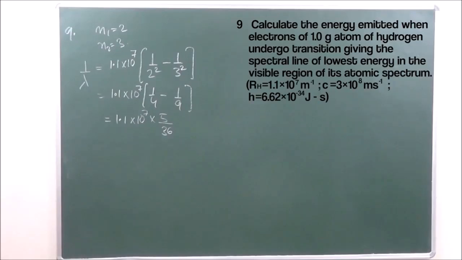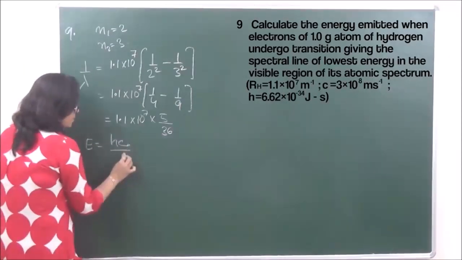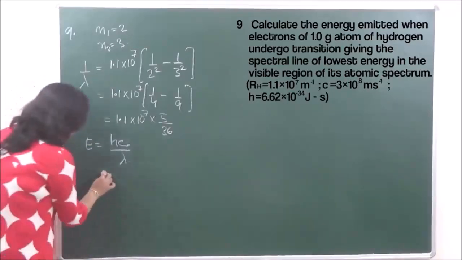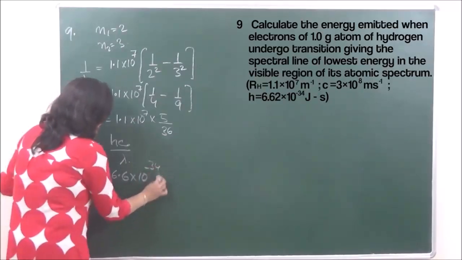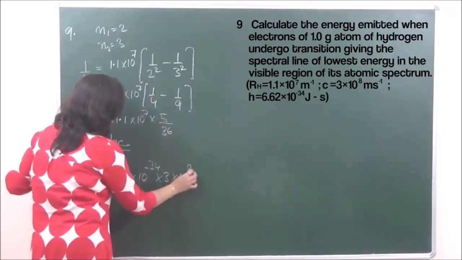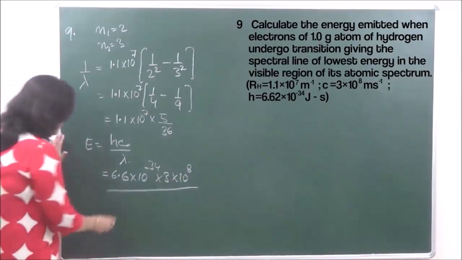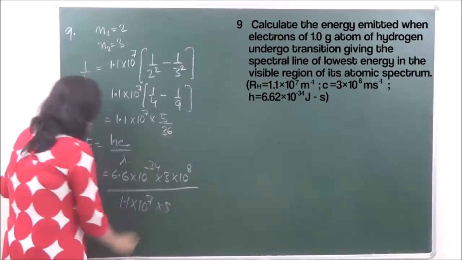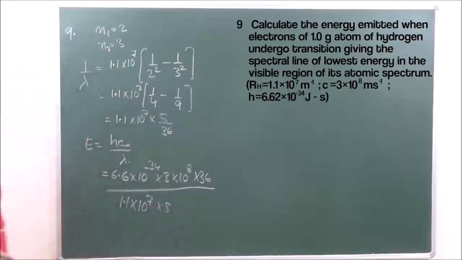We need to calculate the energy. So energy is going to be equal to hc upon lambda. Lambda is this. The value of h is 6.6 into 10 raised to power minus 34 into 3 into 10 raised to power 8 upon 1.1 into 10 raised to power 7 into 5 upon 36.